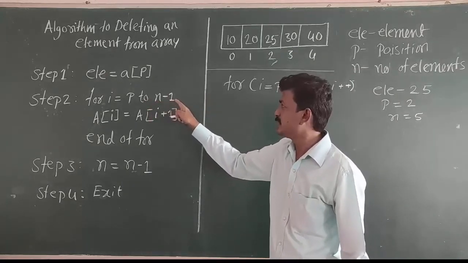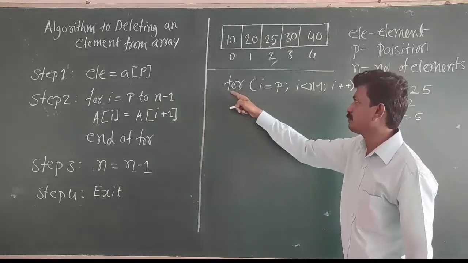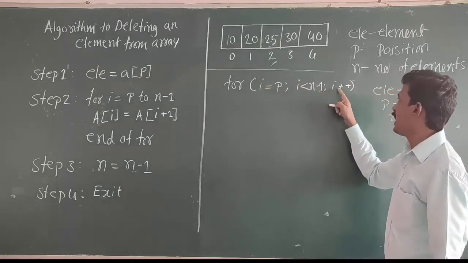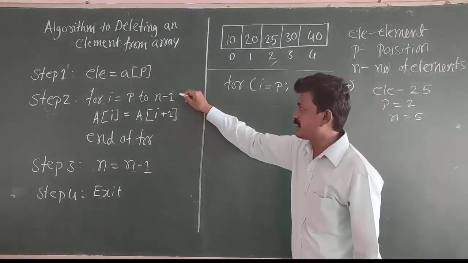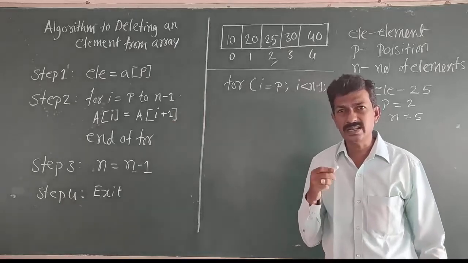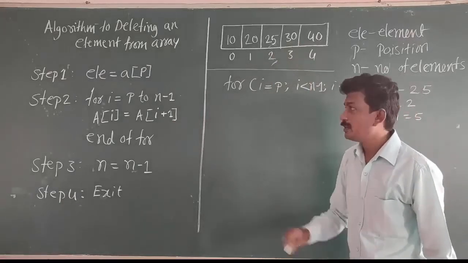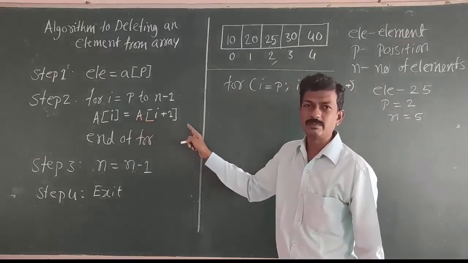The same code is implemented in a program with the help of for I equal to P, I less than n minus 1, I plus plus. If this condition becomes true, then I move all the subsequent array elements into their previous index values. That is done with A of I equal to A of I plus 1.